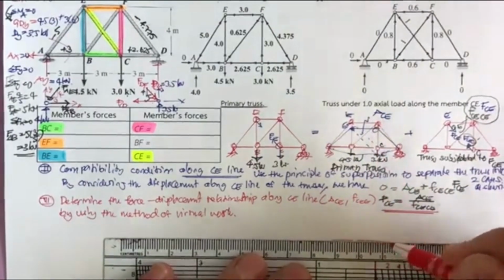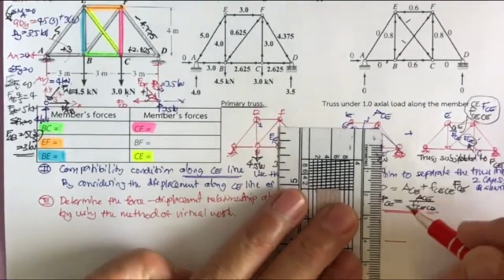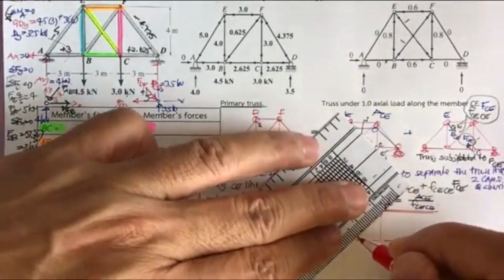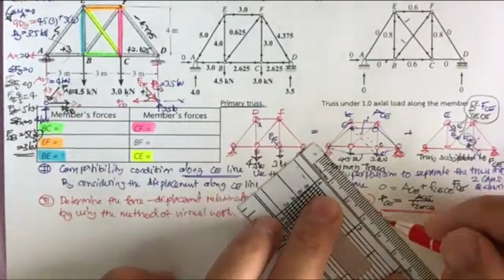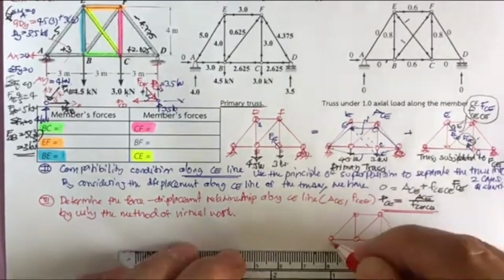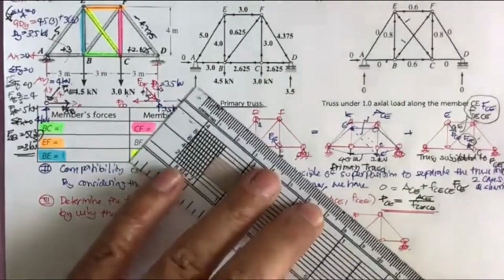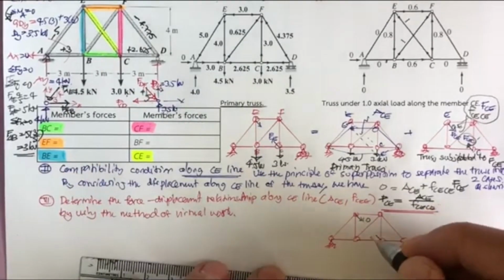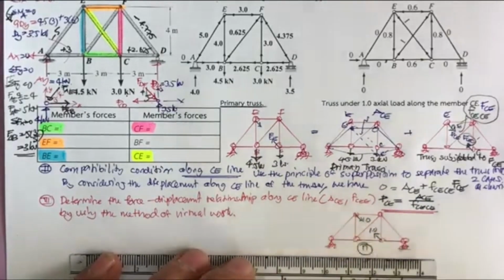So what we need is a 1-point unit load. The other name of this method is the unit load method, right? So we require a unit load to put into the structure to produce the external virtual work, and it's going to be in the CE direction, because we are going to determine the displacement along CE. So we put this one 1.0, and this one 1.0, and this will produce the internal force n.